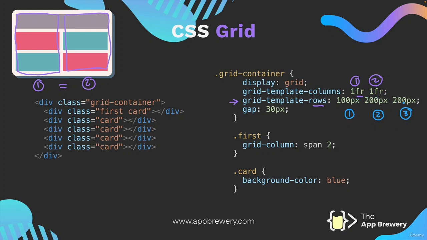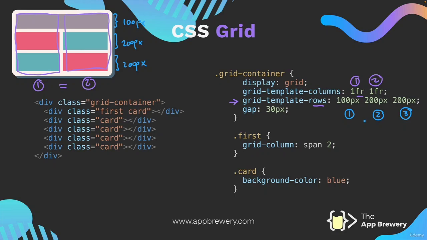We could have 3 equal size columns, or we could use fractions to figure out maybe one has to be twice as big as the other, but we can also define it simply in terms of pixels. And for rows, you'll often see this. So what we said is that the top row should have 100 pixels in height. The next one should be 200 pixels in height, and the next one is also 200 pixels.